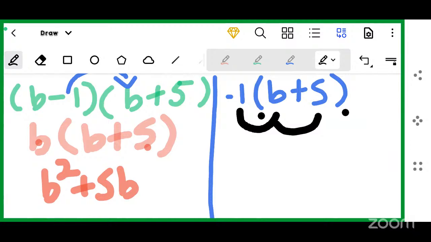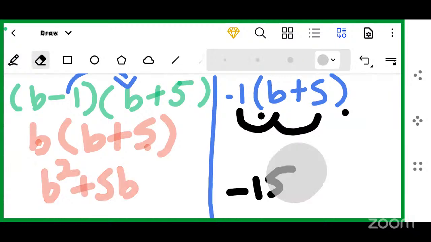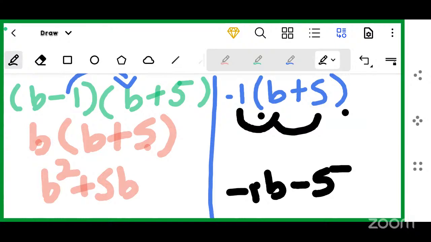Negative 1b. Oh, sorry, I made a mistake. I wrote 15 instead of b. So it's negative 1b. And what is negative 1 multiplied by 5? Negative 5. Perfect.